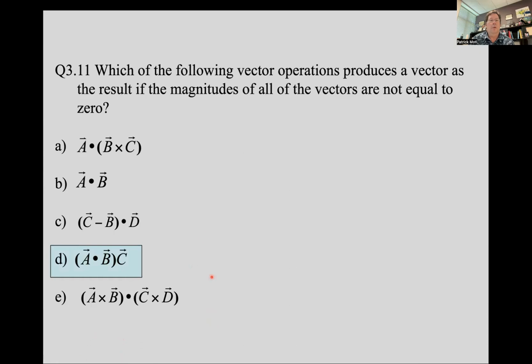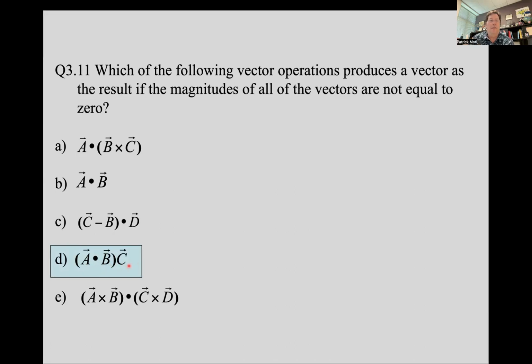All right, so let's go through these one by one. B cross C is a vector, and then a vector dotted with a vector is a scalar. So A is a number, it's a scalar. A dot B, scalar product, obviously a scalar. C minus B is some other vector. Vector dotted with a vector is a scalar. For choice D, A dot B is a scalar, but then that scalar is multiplying a vector. So this is like our first way of multiplying vectors.